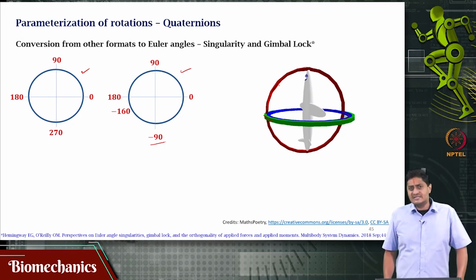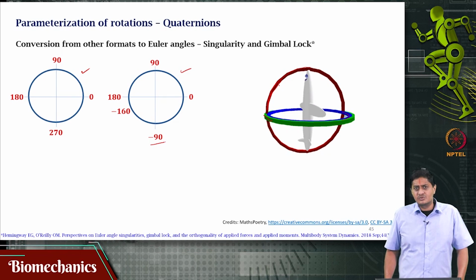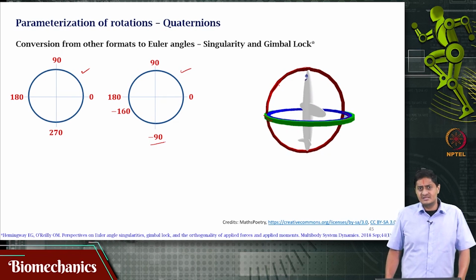So, it is important or crucial for you to decide how you are going to orient your measurement system. If it is an inertial measurement unit, it is absolutely important for you to decide how you will orient it.